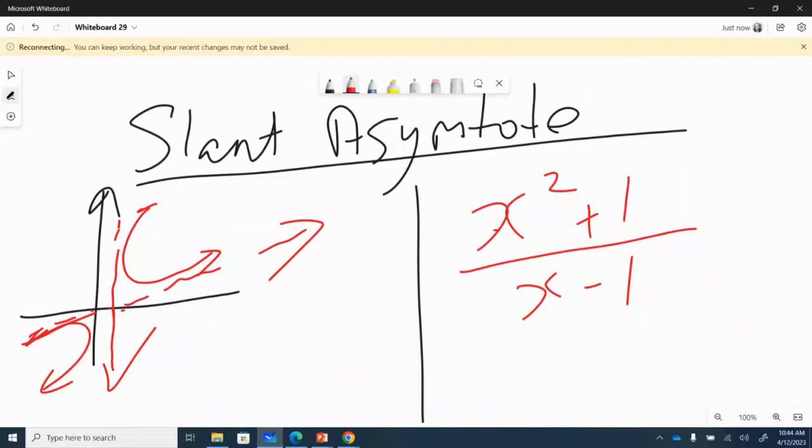We haven't had a situation when the degree of the numerator is greater than the degree of the denominator. So whenever the degree of the numerator is greater than the degree of the denominator by 1, there is a slant asymptote.